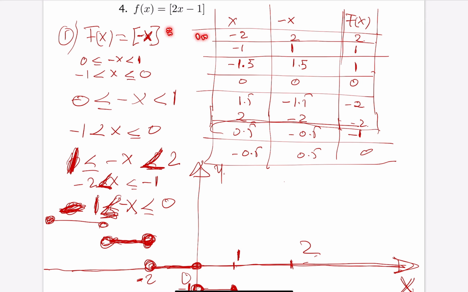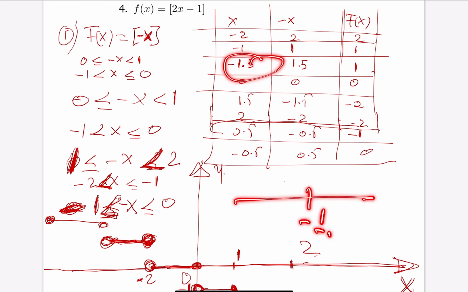The greatest integers function. So if you check the greatest integer of negative 1.5, for example, you have to go on the left side, and the first integer you will meet is negative 2. Negative 2 is the greatest integer. Okay, that's the way you have to do it. You always have to go on the left side.